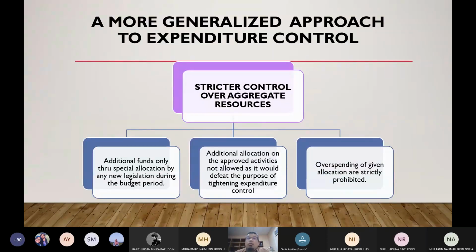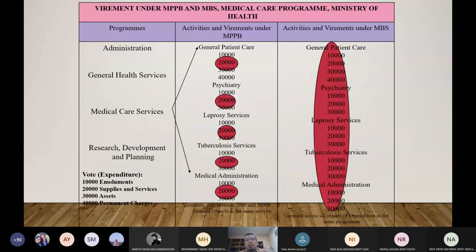Right, I think you can read this. Maybe I'll just show it. These are easier to understand. Under program-based budgeting, virement is limited to general objects 20,000 and 30,000, whereas with MBS there is more flexibility and they can vire across programs. They can vire across objects of expenditure, and also between activities.